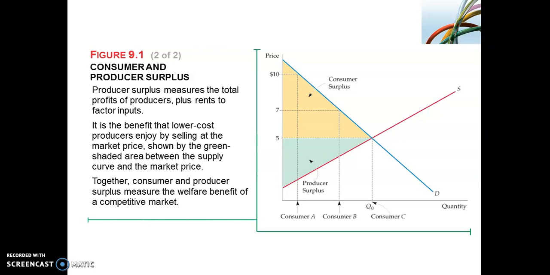Now, some producers can produce a unit of a good at a cost that is lower than the market price. That would be given by the supply curve over here.